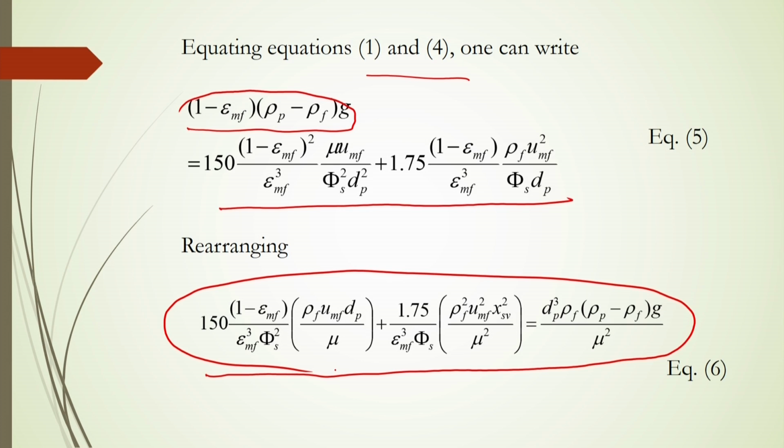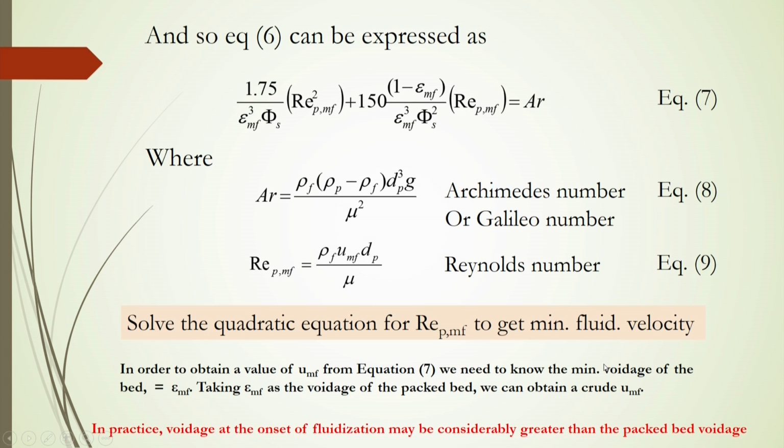You can denote this big equation in a different way also and simplify it as 1.75 divided by epsilon mf cubed into phi s into Reynolds number squared, plus 150 into 1 minus epsilon mf divided by epsilon mf cubed into phi s squared into Reynolds number, is equal to the Archimedes number.